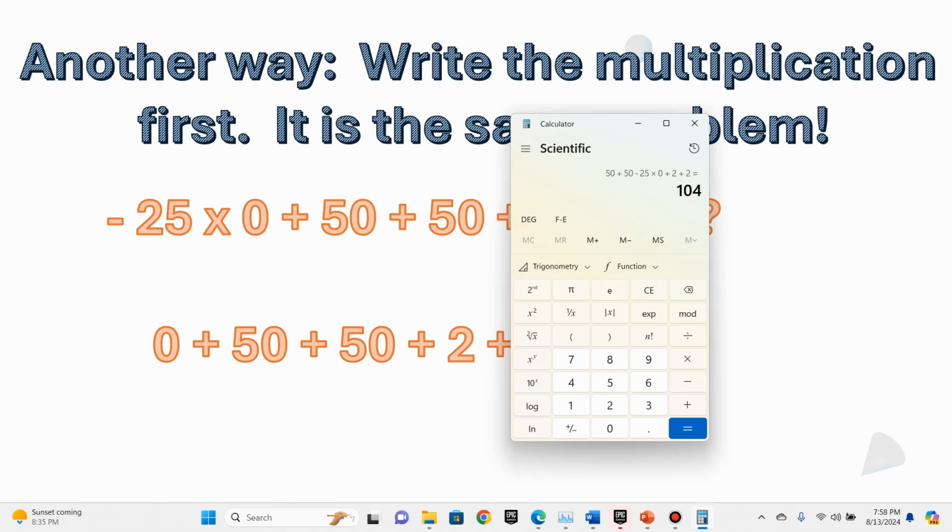They'll actually sit on a calculator and type 50 plus 50 equals minus 25 equals times 0 equals plus 2 equals plus 2 equals. Well, of course you're going to get the wrong answer doing that, because that's not what was written. There's only one equal sign. It's at the very end of the expression.